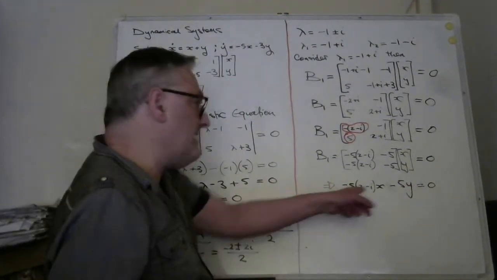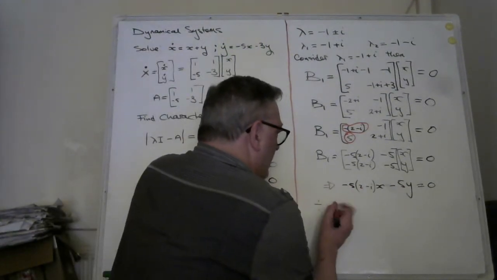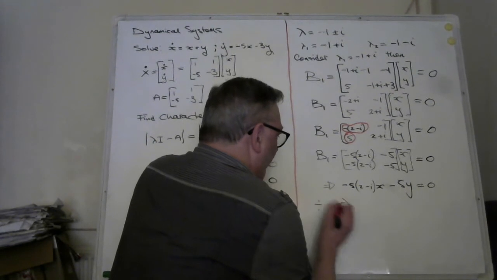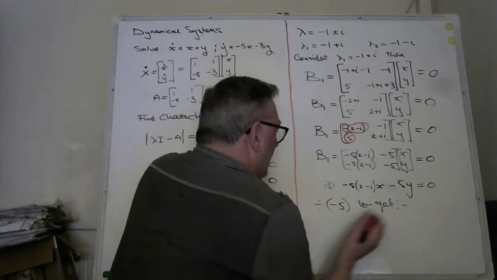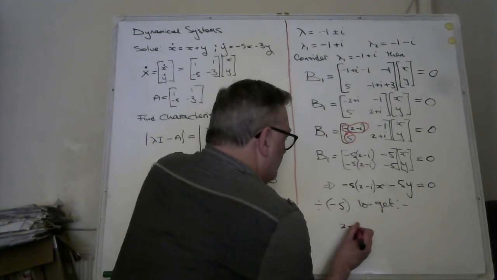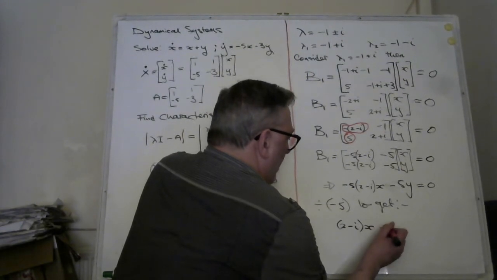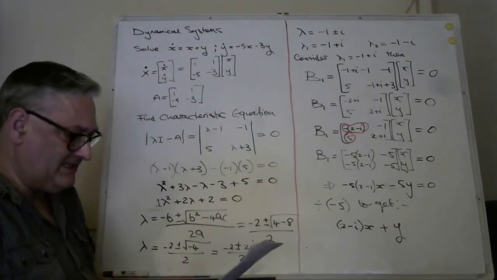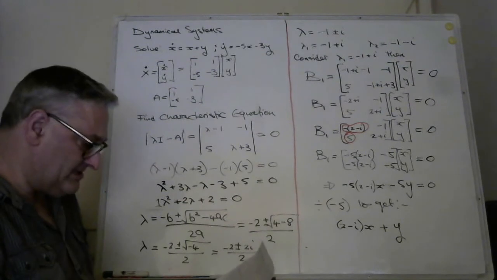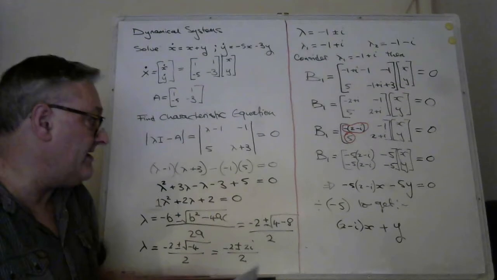Now, we can simplify this by dividing by -5 to get (2 minus i) times x plus y. I'm going to check with my notes to make sure that we haven't made any mistakes. And yes, that is correct. So (2 minus i) times x plus y.